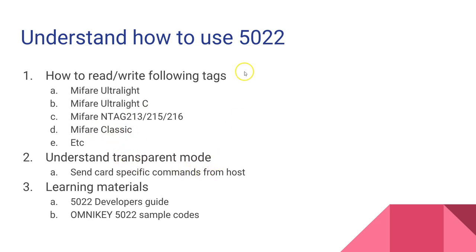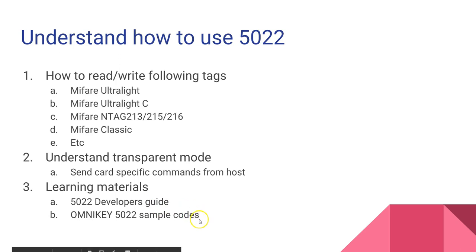And the most important thing here is you have to understand the transparent mode and how to use the mode. And to be honest, all these big words like transparent mode and transparent session are pretty simple. They're very easy concepts if you start reading the developer's guide. Now, like always, you have to have a copy of the developer's guide. I showed you where to get that from.